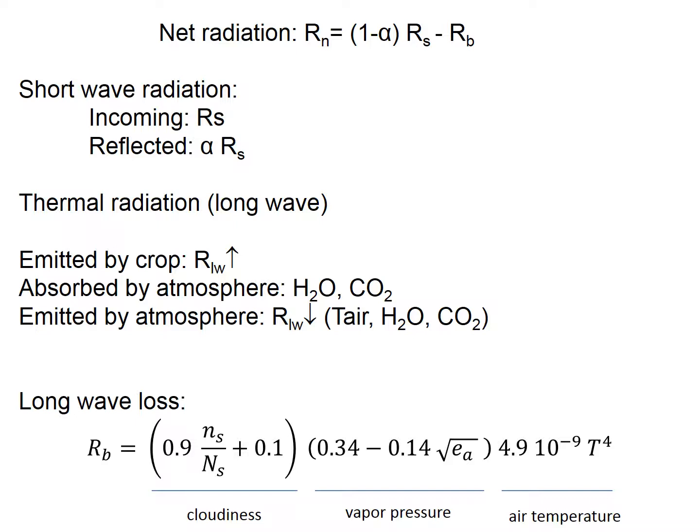If we know the long wave losses and we know the albedo and the solar radiation, we can calculate the net balance of radiation on the surface, which will be equal to (1 minus albedo) multiplied by solar radiation minus the losses of long wave radiation.